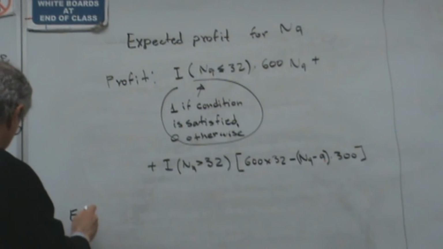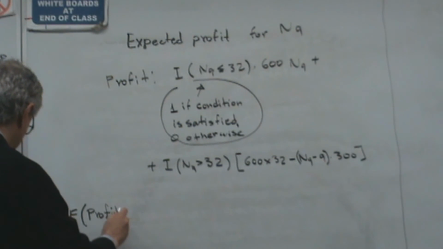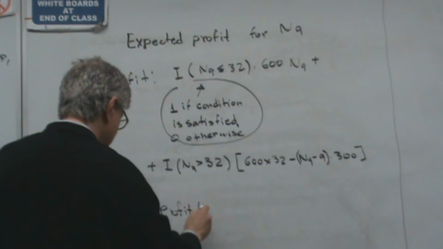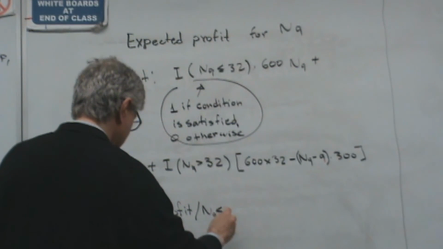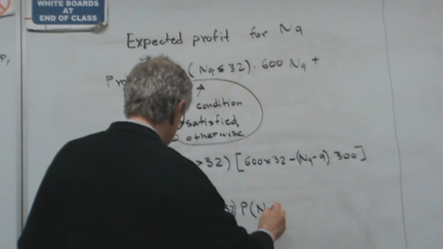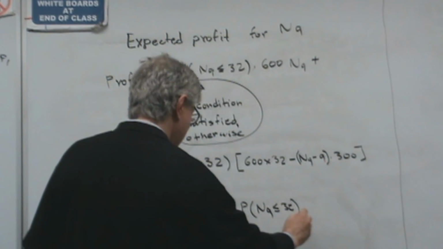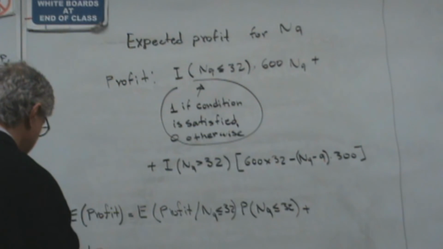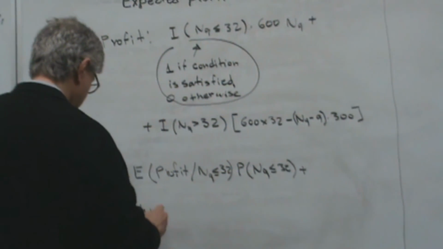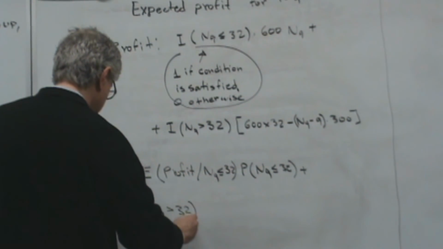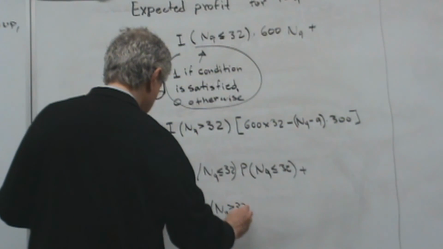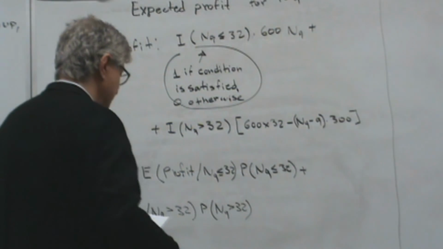So the expected profit is the conditional expectation of the profit given that NQ is less than or equal to 32 times the probability of NQ being less than or equal to 32, plus the expected profit given that the number of reservations is greater than 32 times the probability that NQ is greater than 32. Okay.